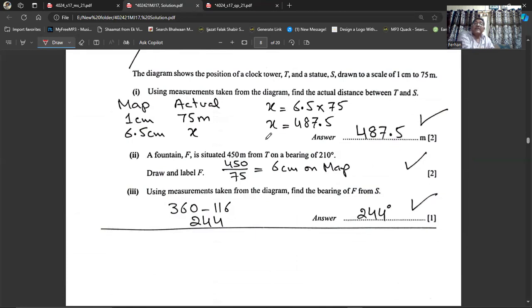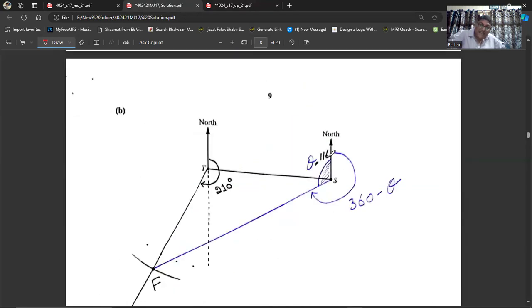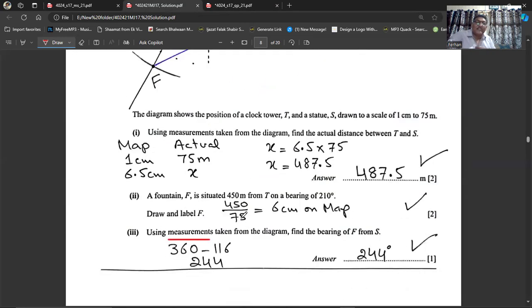He says using measurements. So with the help of the scale, I will measure this angle. This angle is 116. He said using measurement. From 360 subtract this 116, so you will get this angle. 360 minus 116, it will be 244.